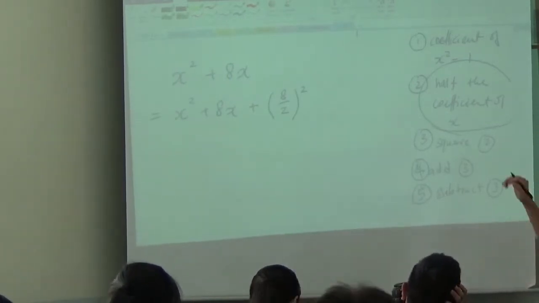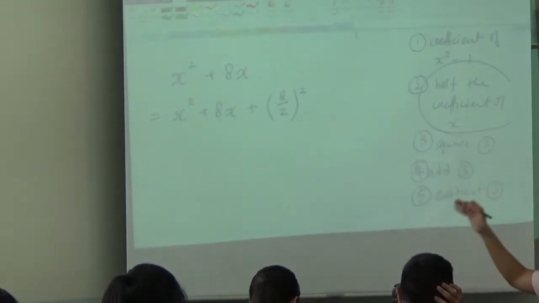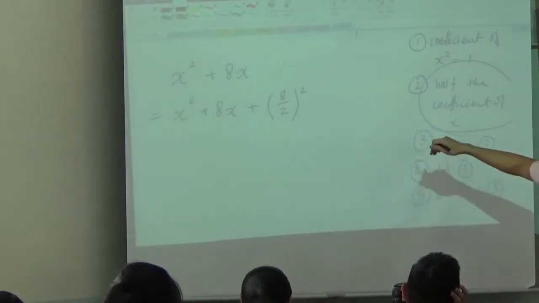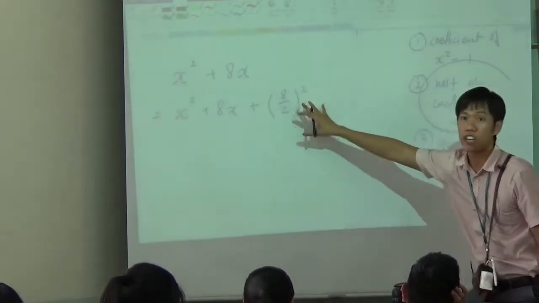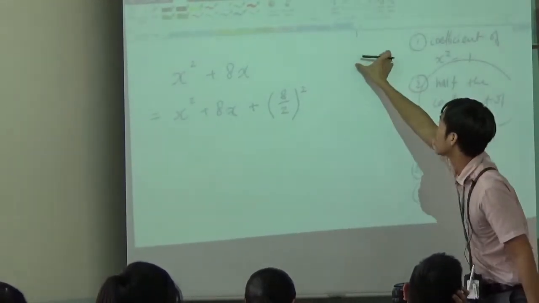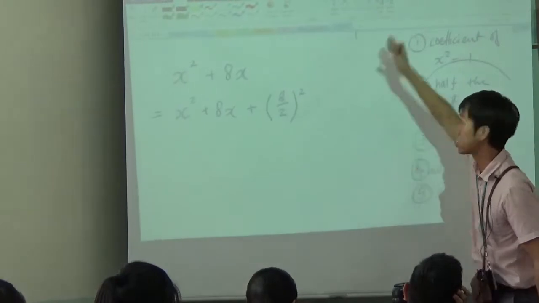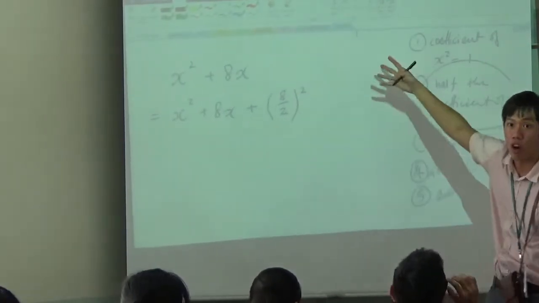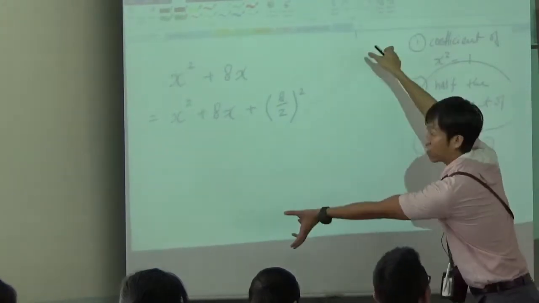Take the coefficient of x, halve it, square it, add it. This portion over here is completing the square. We are now adding the missing piece. Remember we had a chunk of 8x. I split it into two parts, that is the 8 divided by 2. Then I got 4 and 4. Then I rearranged the two rectangles.